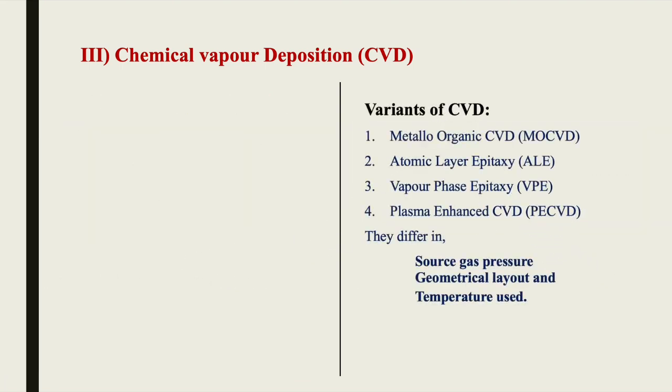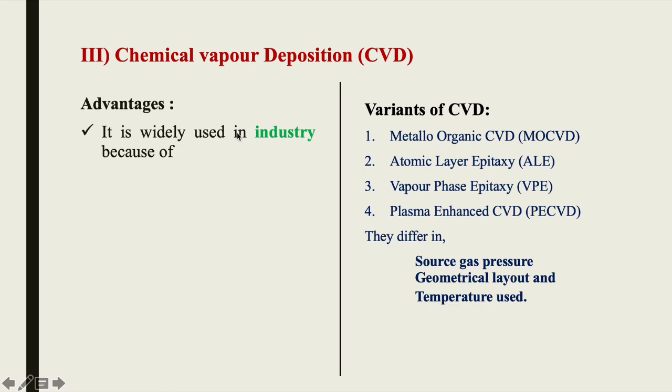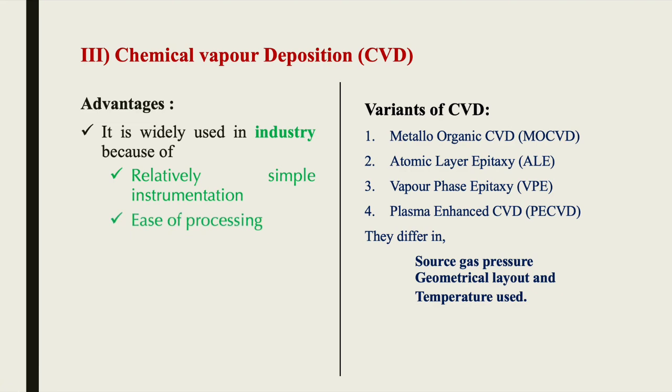Now we will see the advantages of chemical vapor deposition. This technique is widely used in industry for the following reasons. The first reason is relatively simple instrumentation. Second is ease of processing, so the process is very easy.